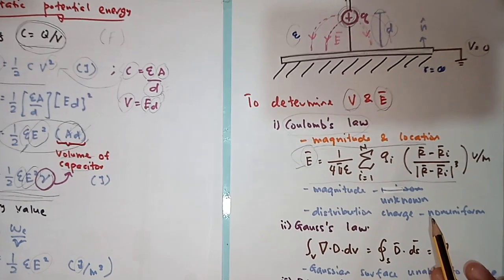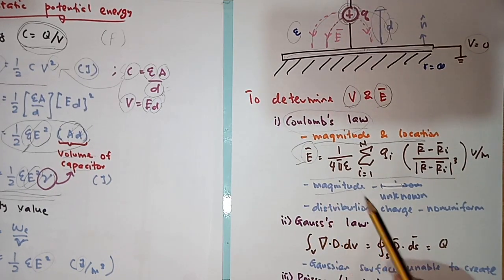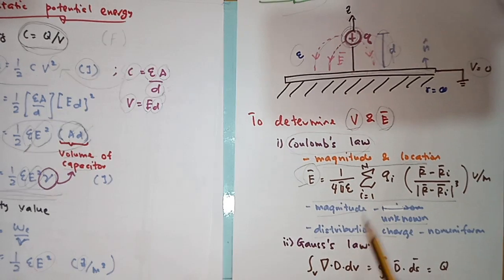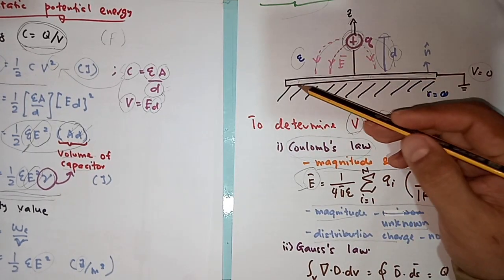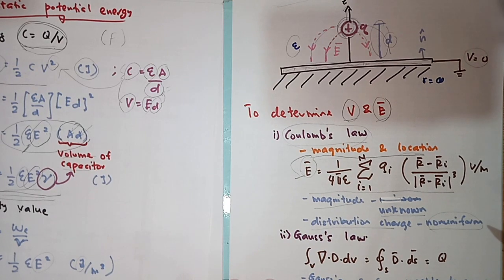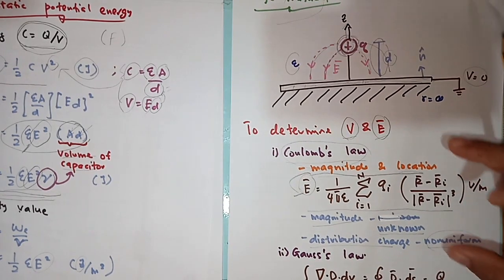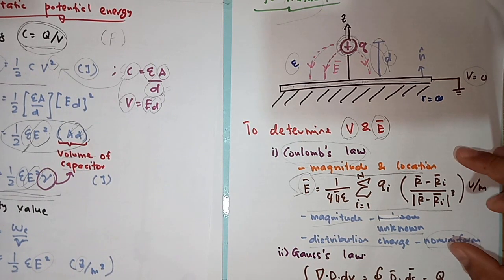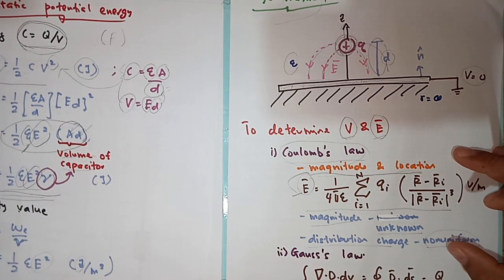However, in this case, the magnitude of the electric charge is unknown, and the distribution of charge in this plate is non-uniform. Therefore, we cannot use Coulomb's law to calculate the electric field as well as the potential difference.